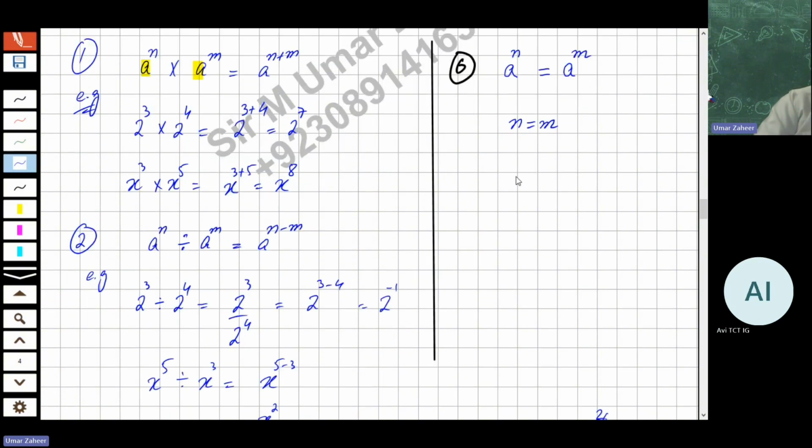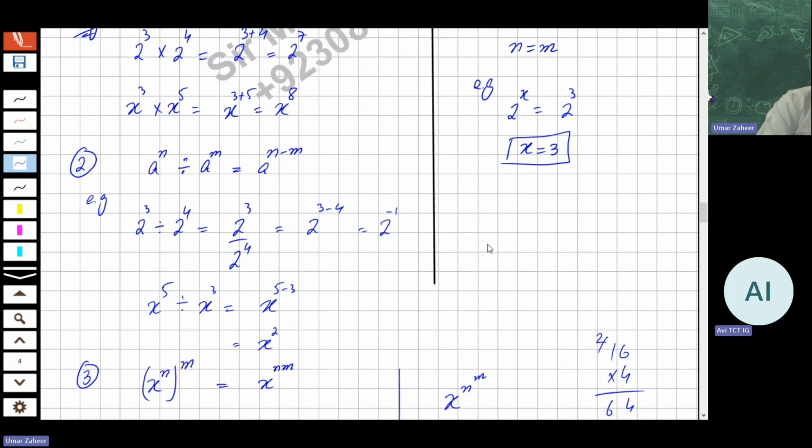For example, 2 raised to power x is equal to 2 raised to power 3. Now the two numbers are equal and their bases are the same, so we conclude that x must be equal to 3. In the same way, vice versa: n raised to power x is equal to m raised to power x.